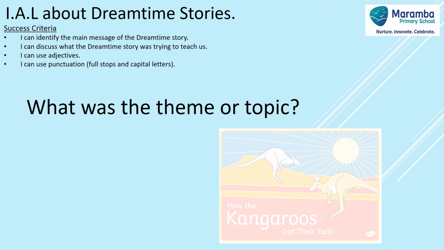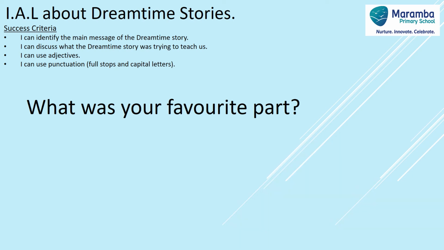So, what was the theme or the topic of this story? I've put the picture here, but I've faded it out because I'd really like you to think about what you think the theme or the topic was. And of course, the last part of our story cube will be your favourite part.